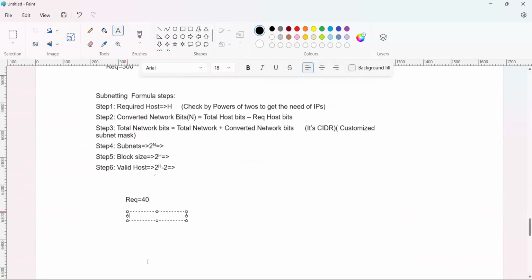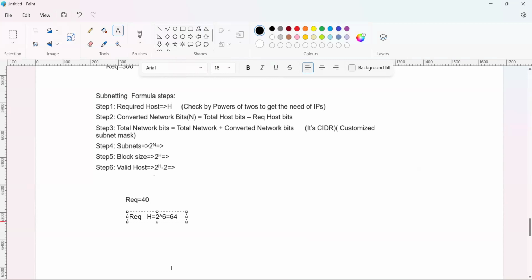Required host is 40. So the value will come as 64.